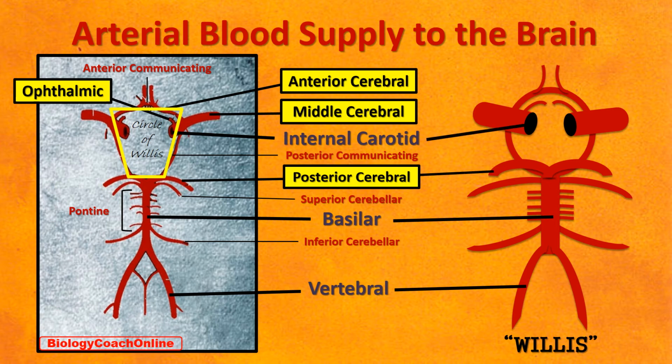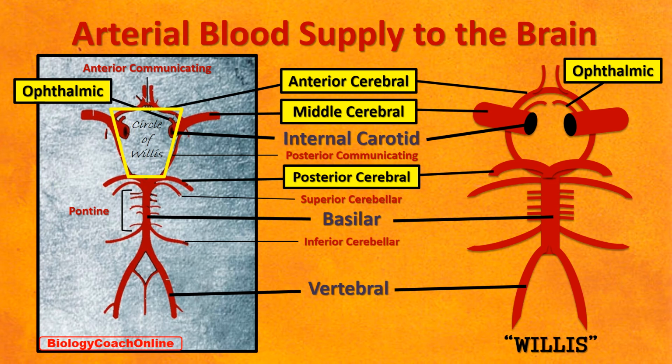Now recall that the internal carotid has 3 branches. The ophthalmic branches are represented by his eyebrows, and the anterior cerebral is up here. And by the way, his little antennae, they're just continuations of the anterior cerebrals. The middle cerebral is this part of his eyes.